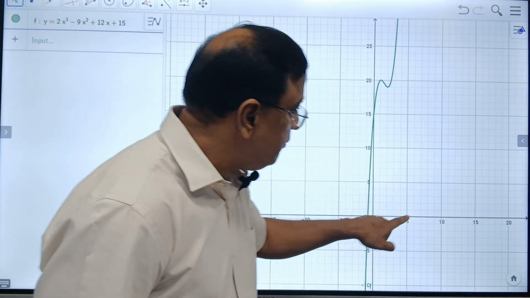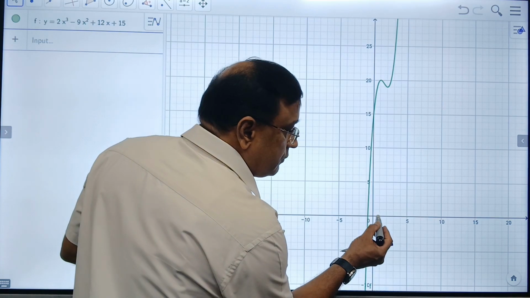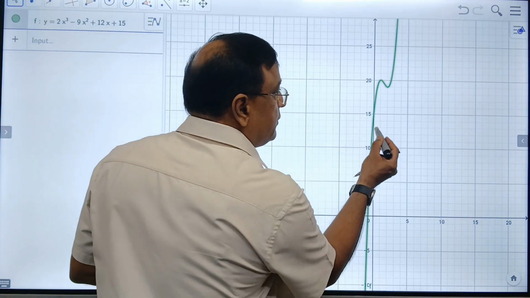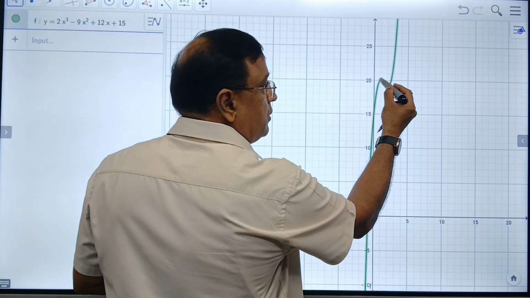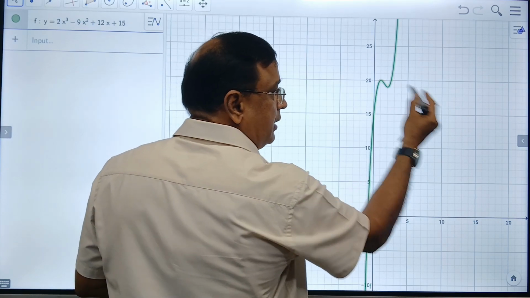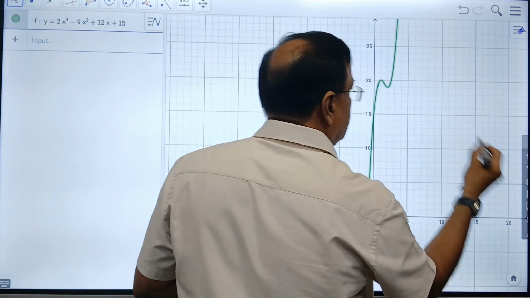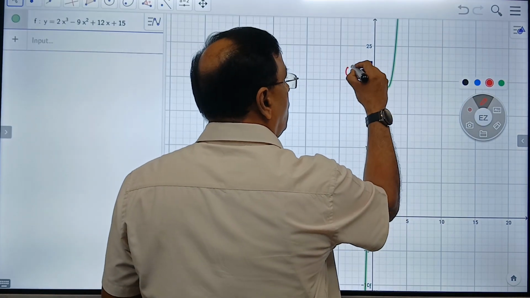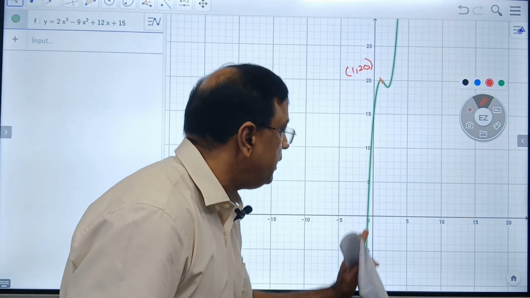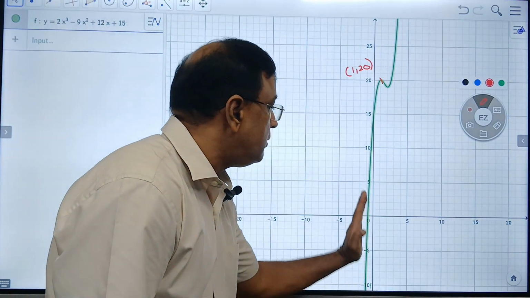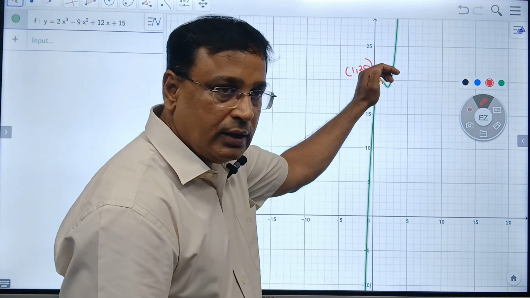Remember, this is 5, so this will be 1, so it is increasing from minus infinity to 1. Okay, this is actually 1 comma 20. You see, this point is 1 comma 20.